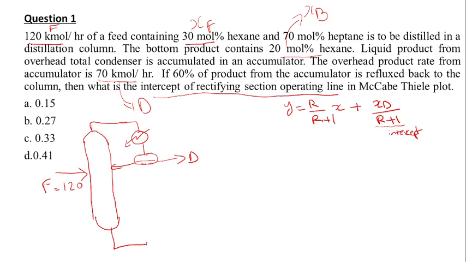So this is the reboiler. Top product flow rate is given as 70. So from total balance we will obtain the flow rate of bottom as 50.